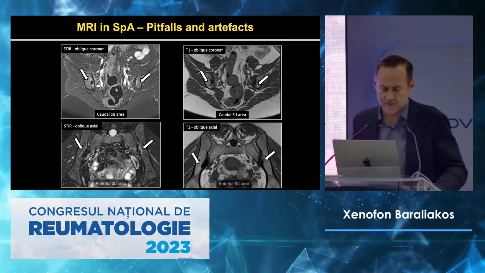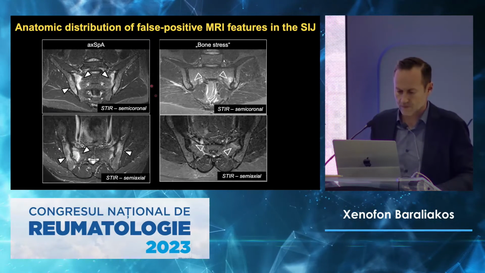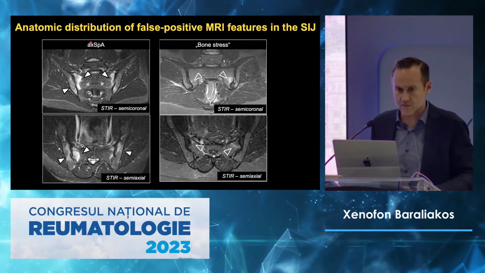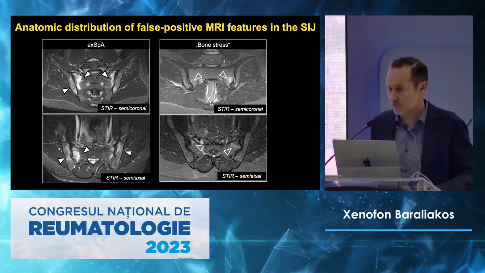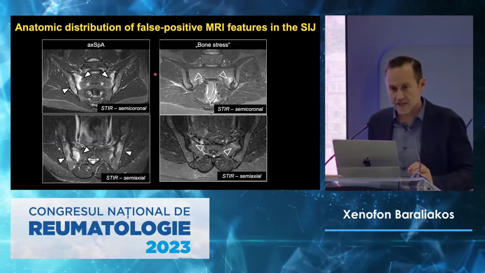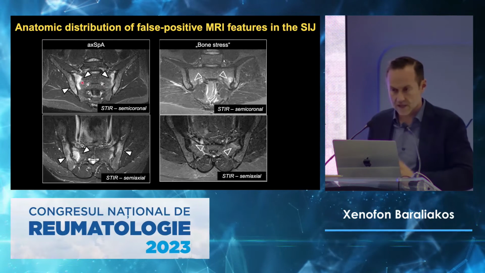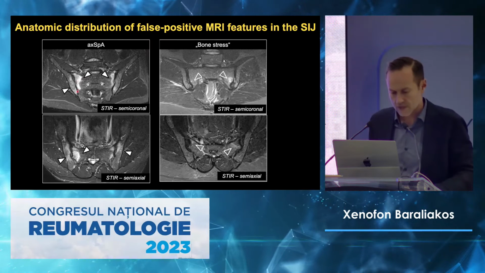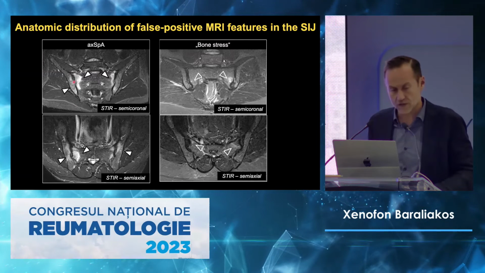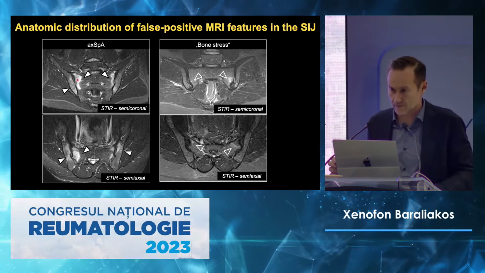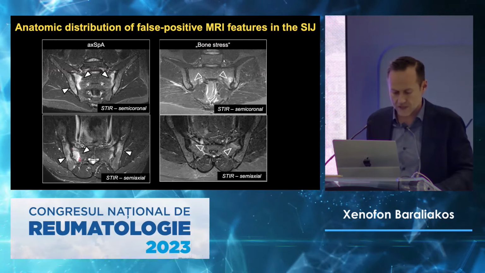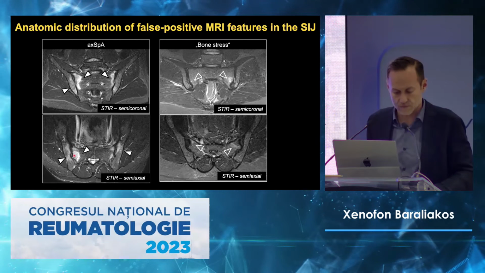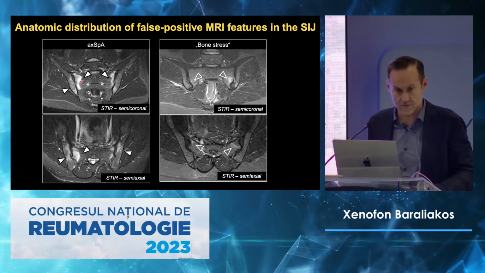Similar thing here, where you differentiate between axial spondyloarthritis and bone stress. Spondyloarthritis-related edema has a large extent, it's a lot. It's in the middle of the joint, and it's really very bright. You see that here, it's in the middle of the joint. Very bright, a large extent.